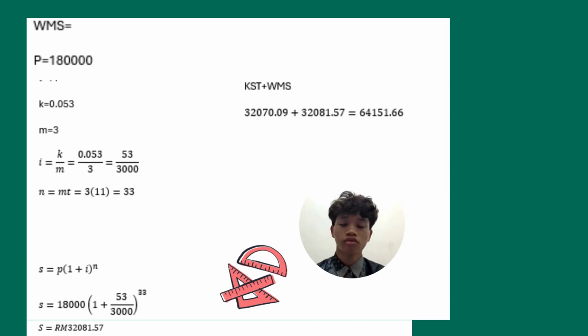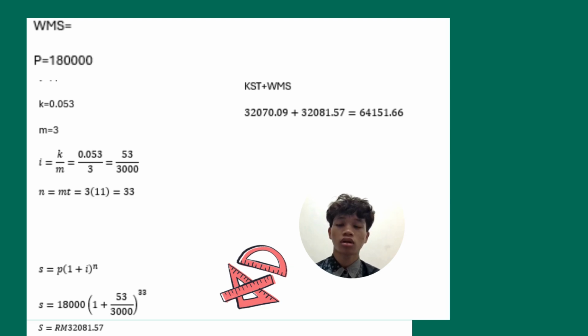Okay, now we move to the next one, WMS. The P in this question is 18,000. The K is 0.053. The M is 3. And I is equal to K over M, so 0.053 over 3 equals 53 over 3000. Now we search for N. N equals MT. M is 3 and T is 11 years, so equals 33.